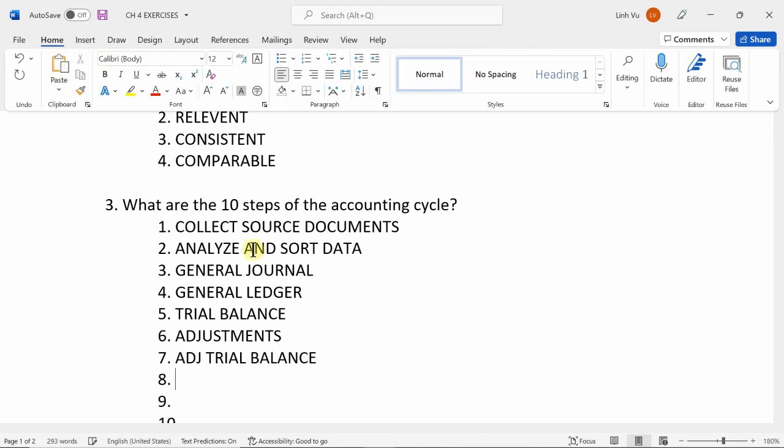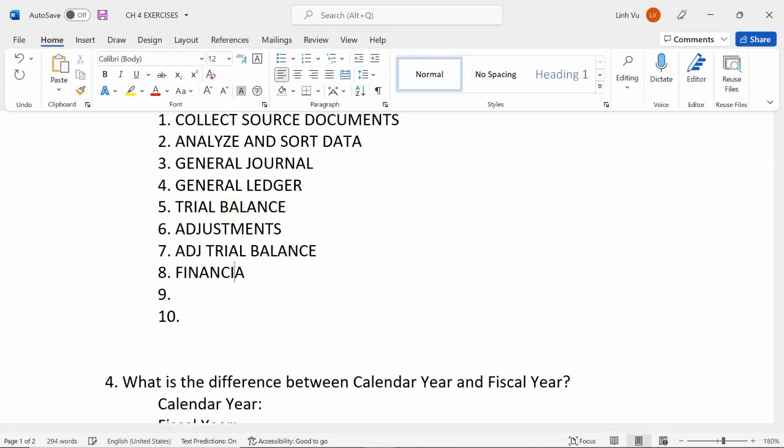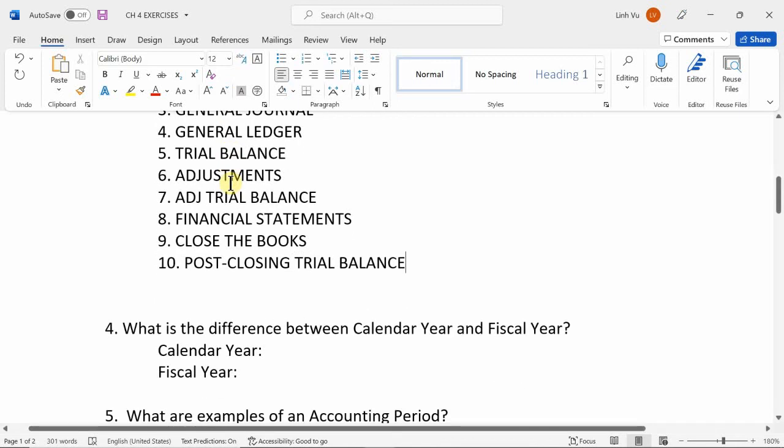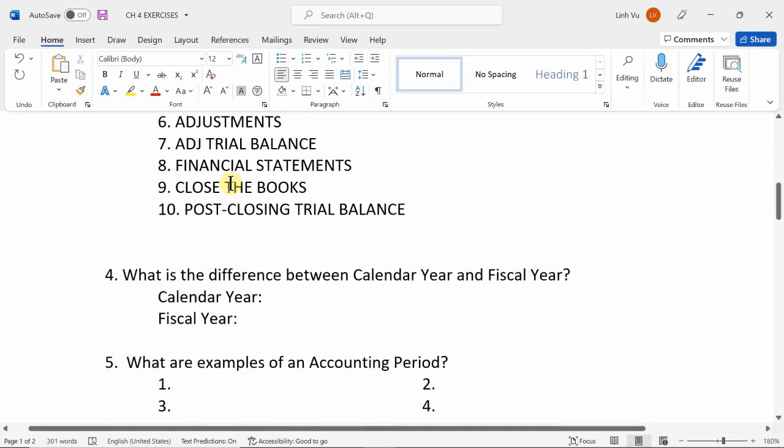Okay. Number 8. Create financial statements. All right, number 9. Close the books. And last step. Post-closing trial balance. Good.